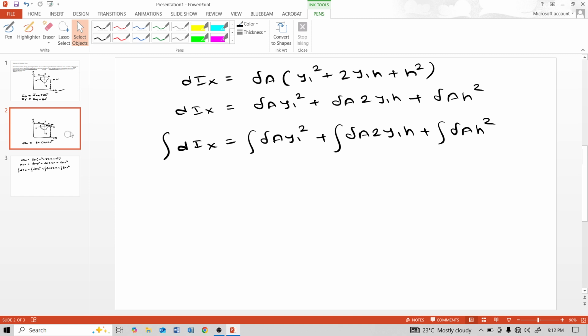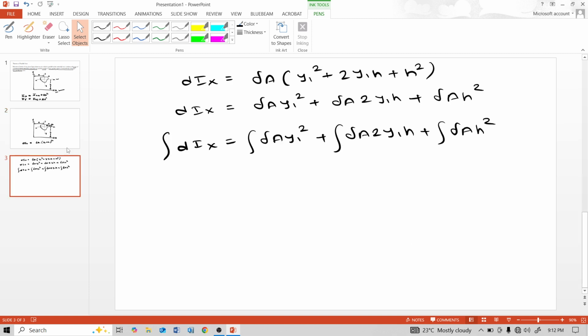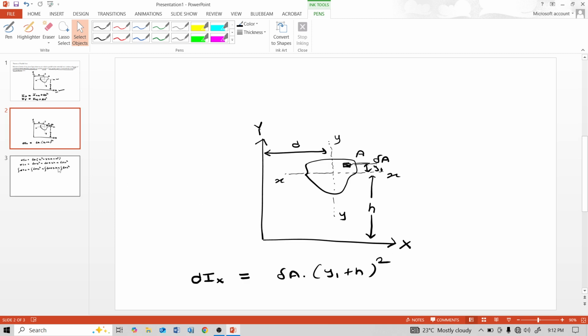This dIx is a small part of this capital X axis, so integration gives the total, Ix.